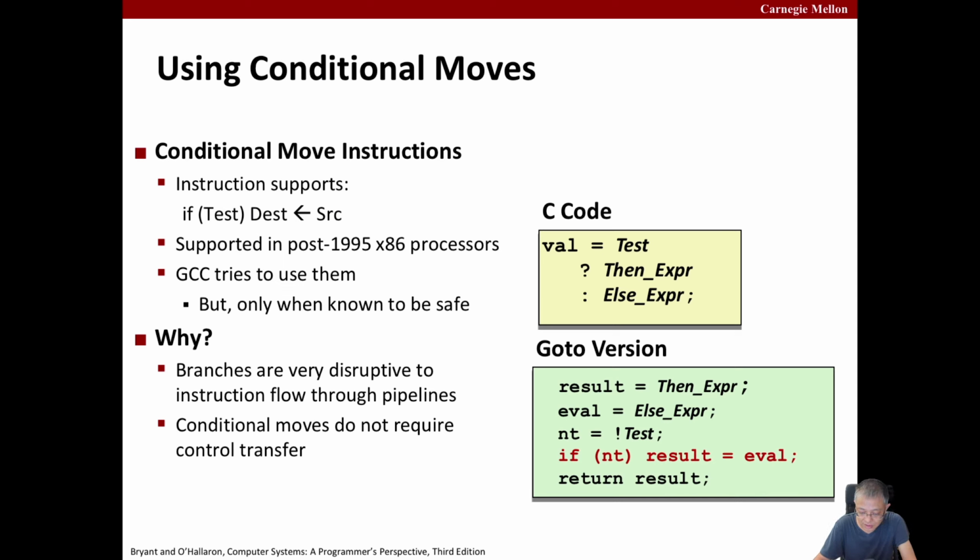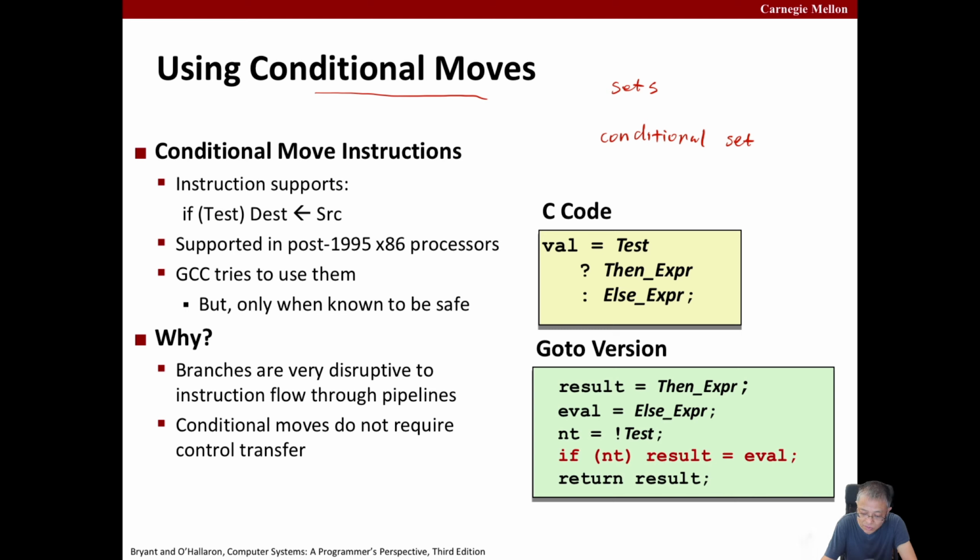So another interesting instruction would be the conditional move, right? We have talked about the set instruction, for example, the conditional set instruction. It will set the lower byte of the operand according to the condition.